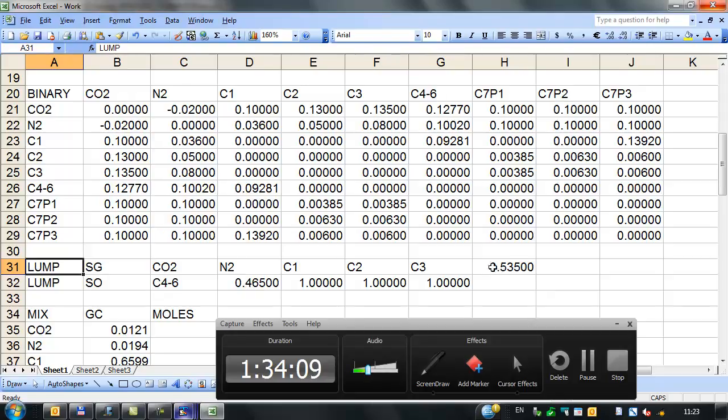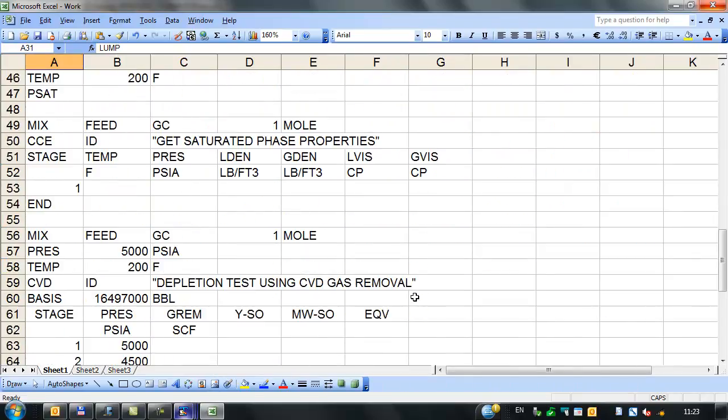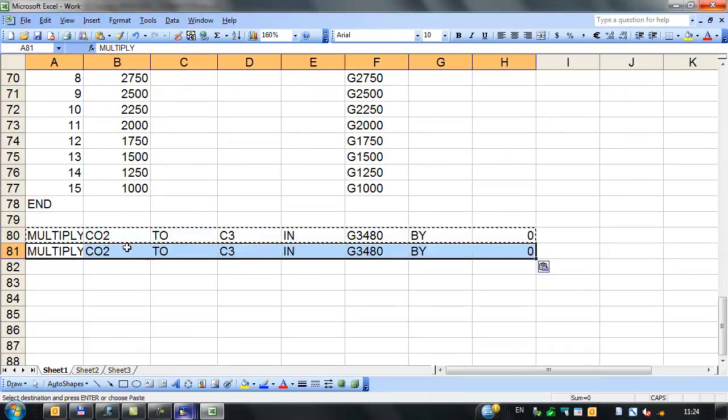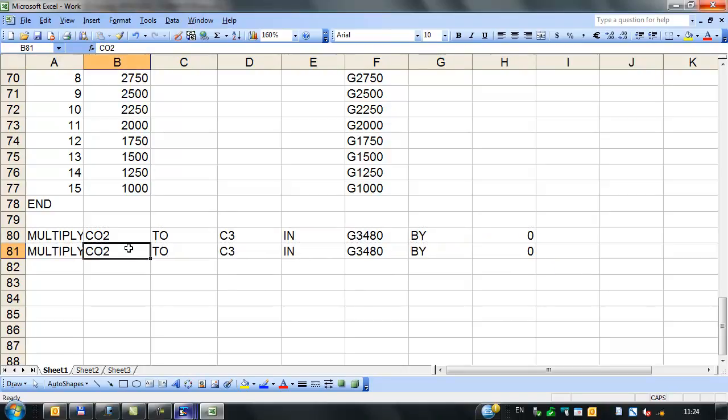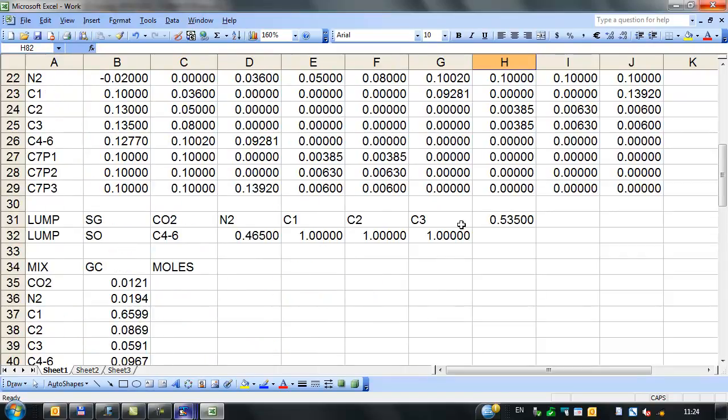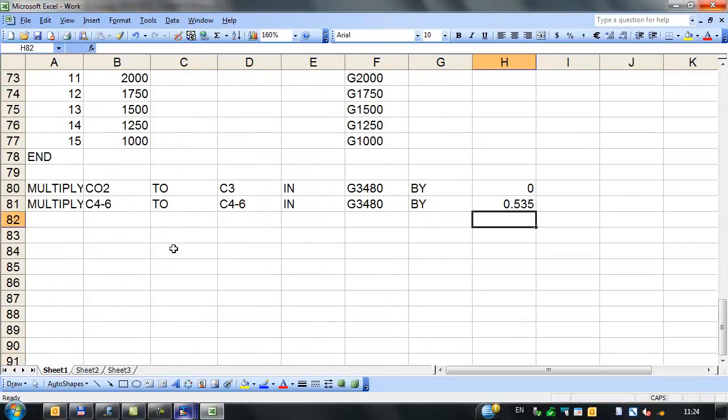So we've gotten rid of those, and we need to get rid of this much of the next component, 53.5. And that component's C4-6. 535, is that right? 535, C4, C6.